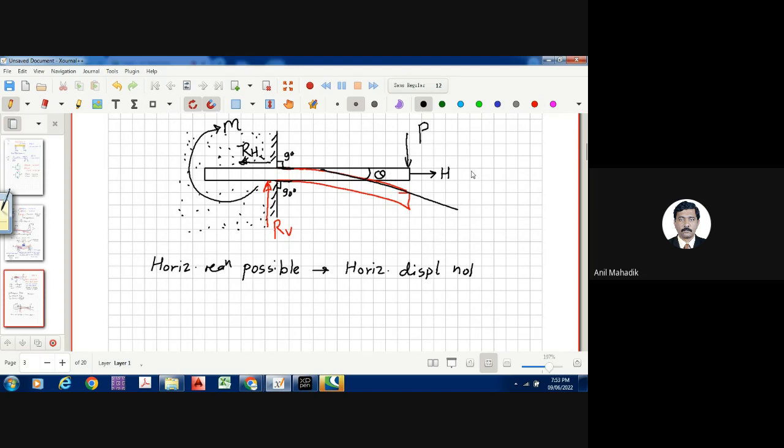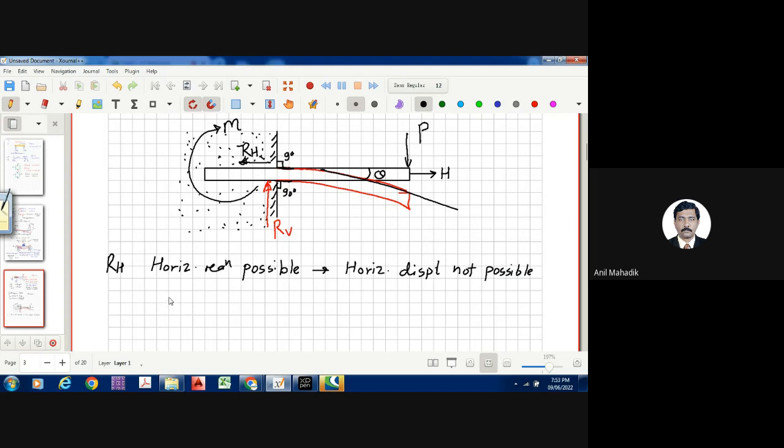So it cannot go out, or it cannot go even inside also. If you push this horizontally in this direction, it will not go inside, and if you pull this outside, it will not go out. So horizontal displacement not possible, and as it is not possible, the reaction will be there. So somebody is resisting that displacement, isn't it? And therefore RH will be there, reaction H will be there.